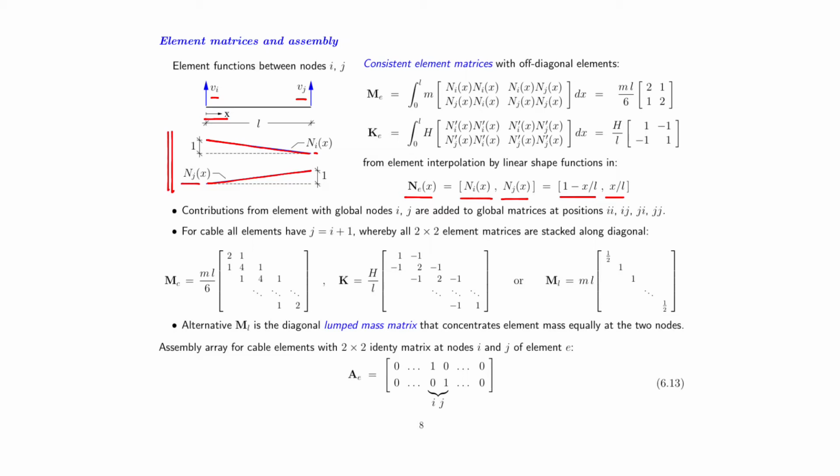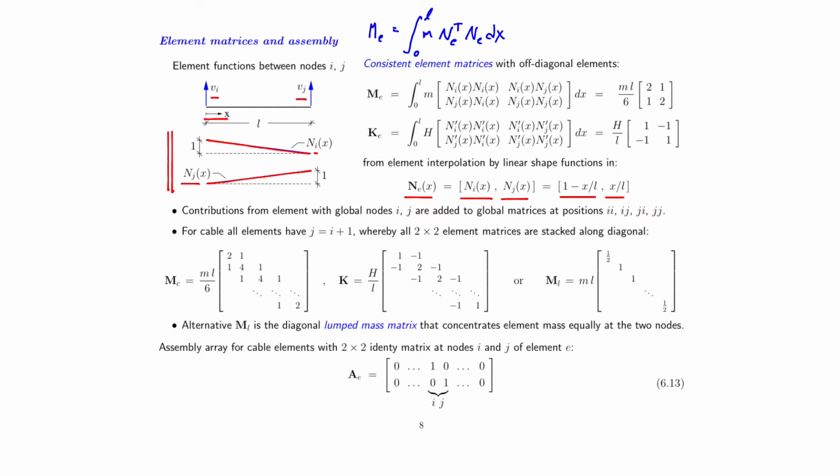If we remember the virtual work equation, the mass matrix will be the integral over the length of the element, then it will contain the mass per unit length, and then it will be the element shape function transposed times the element shape function itself integrated over the length of the element.